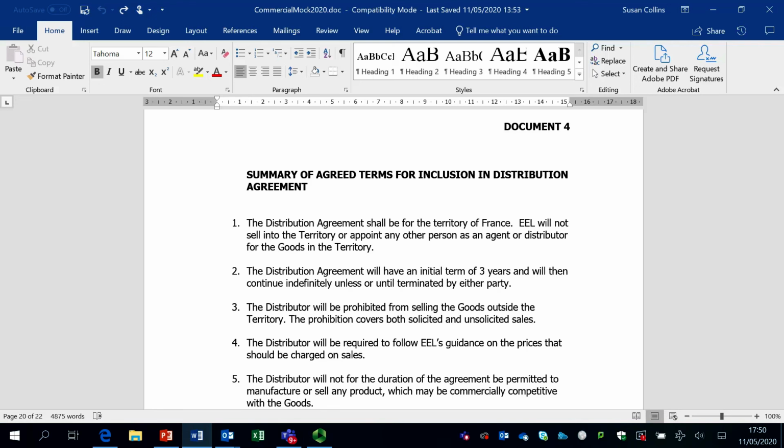This agreement, as it stands, I would expect the territory is France, so you expect it to be having obviously a European aspect, so it would be EU law you'd be considering, and therefore whether it's potentially anti-competitive and problematic under Article 101.